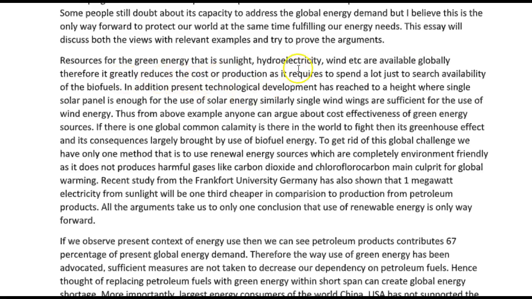Greatly reduce the cost of production as the only thing that is required is availability of these resources, or is their availability. Maybe something like that would work a little better.